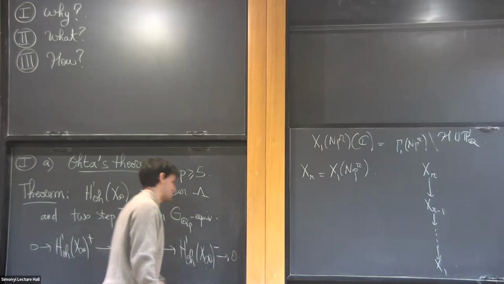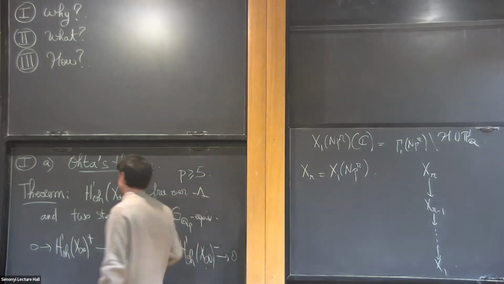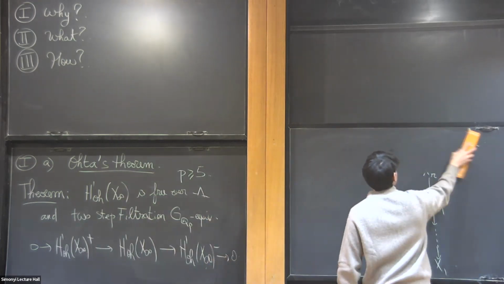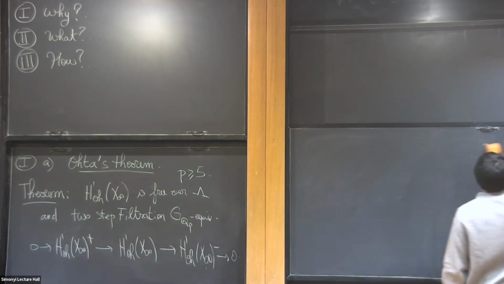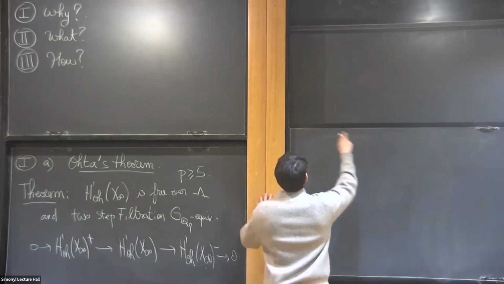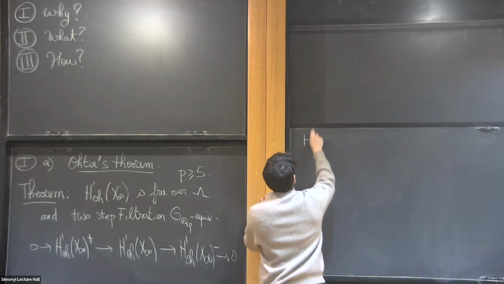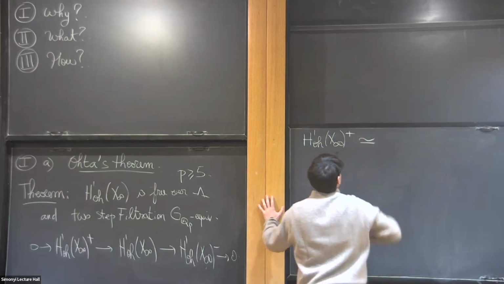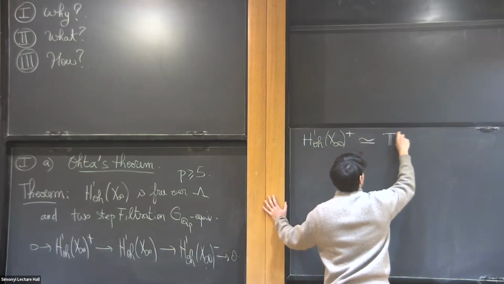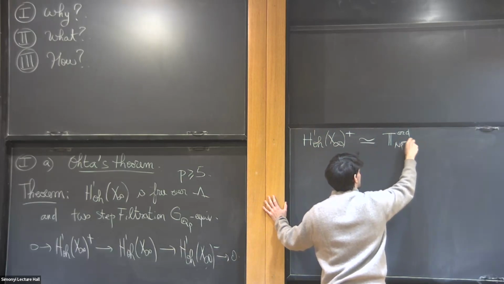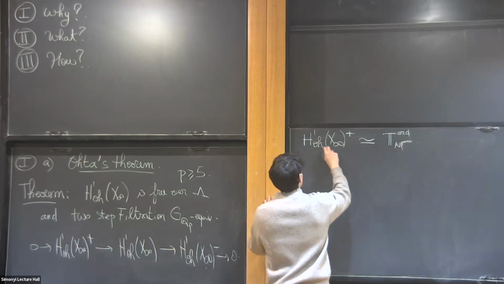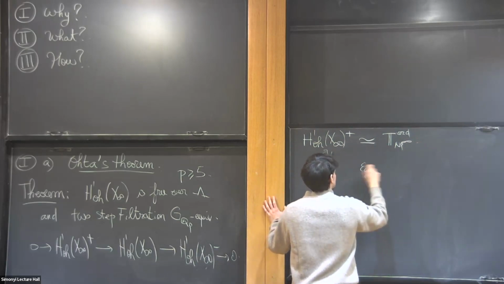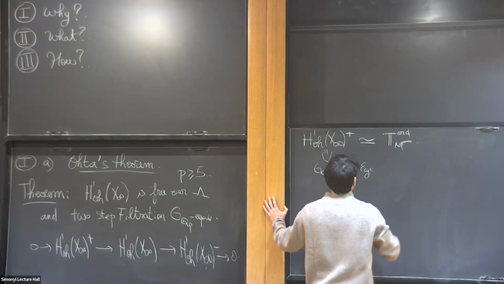And how do we describe these pieces? Well, I have to tell you what the Lambda structure is and what the Galois action is. H1 Ohta X infinity plus as a Lambda module is the Hida ordinary Hecke algebra. And the G_Qp action is by the character epsilon cyclotomic, so the cyclotomic character.